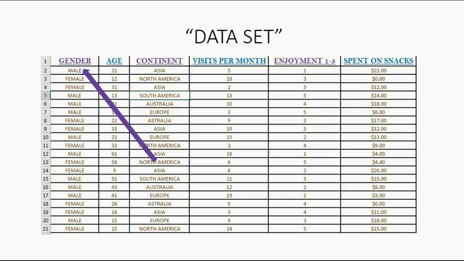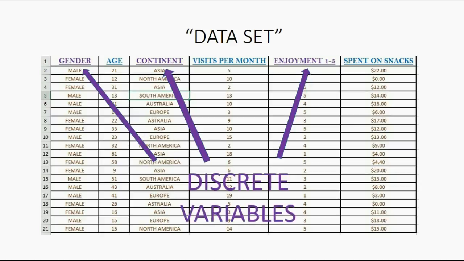You may also notice that the other variables are designated with a purple color, and those variables are not answers to questions that the respondent would give as a number. And any other variable that you cannot automatically quantify as a number, we call those variables discrete variables.